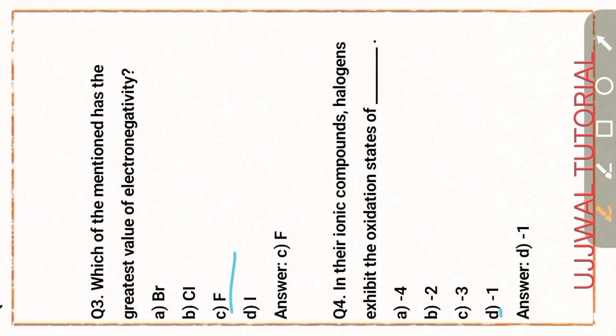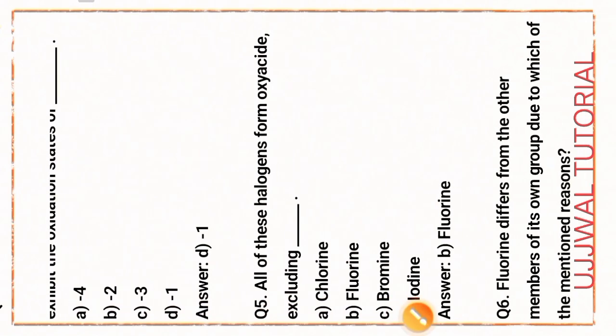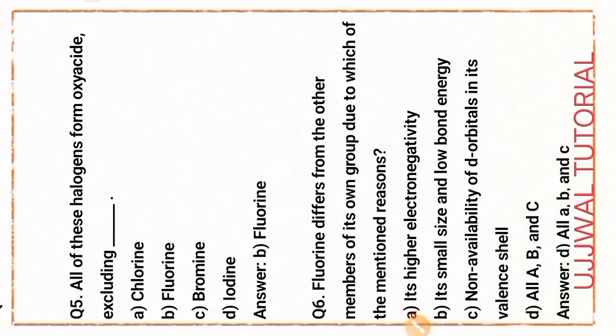Option D is the right answer. Next, question number 5. All of these halogens form oxoacids except fluorine. Option B is the right answer.